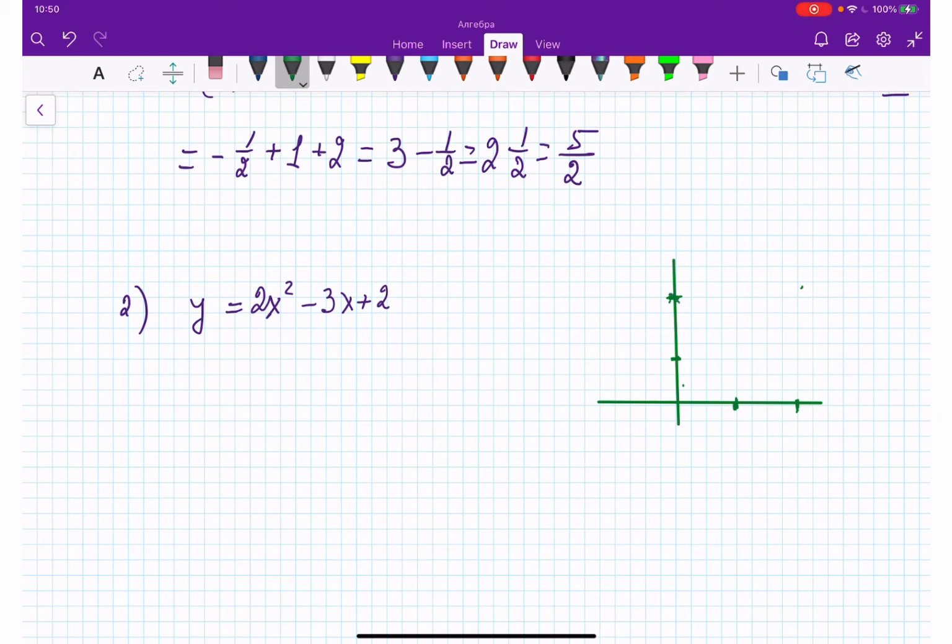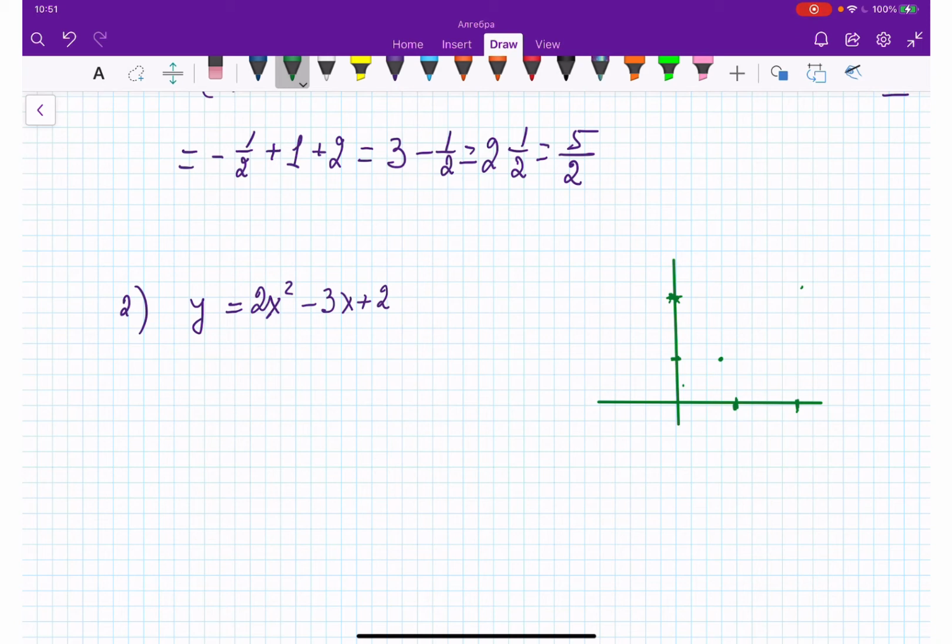The vertex is going to be a little bit less than 1, somewhere at point 1 and right here, approximately. And when x is equal to 2, I think it's going to be equal to 4. Let me see. Why am I taking 2?